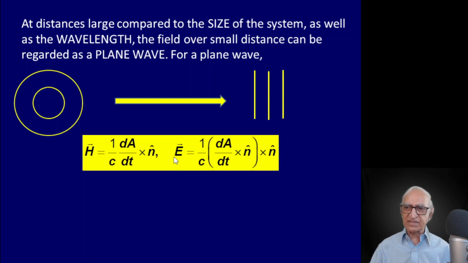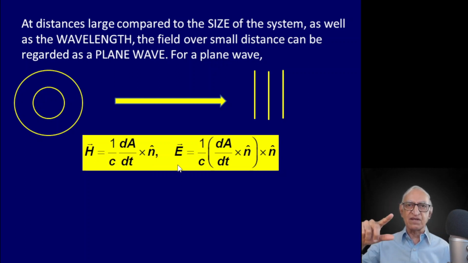And the electric vector is 1 over c dA by dt cross n, and another cross product. What this is telling you is that the magnetic field is perpendicular to this unit vector n, because this is a cross product, and the electric field is perpendicular to the magnetic field.